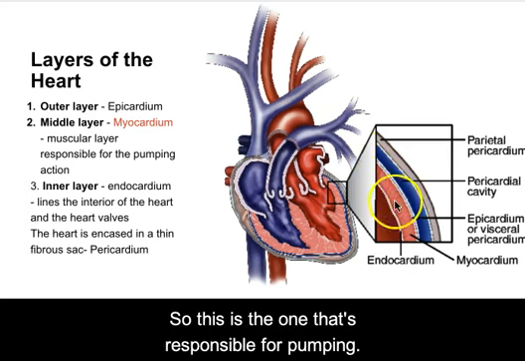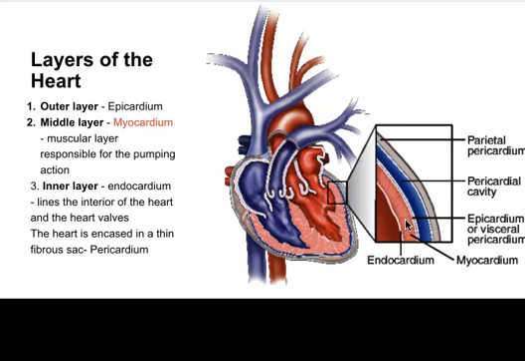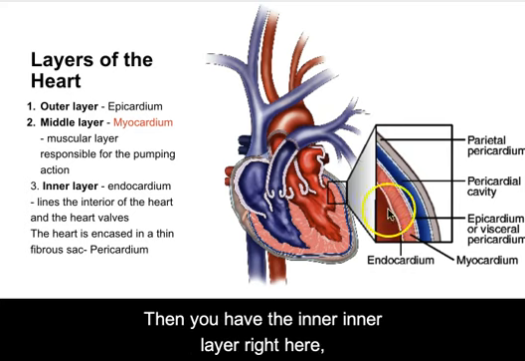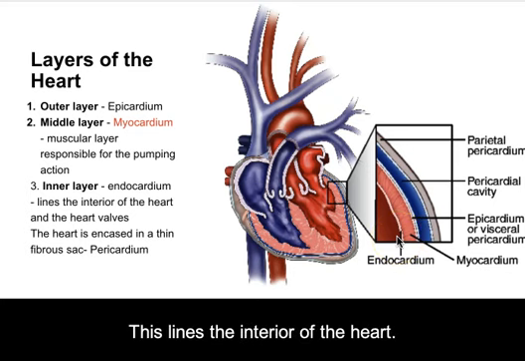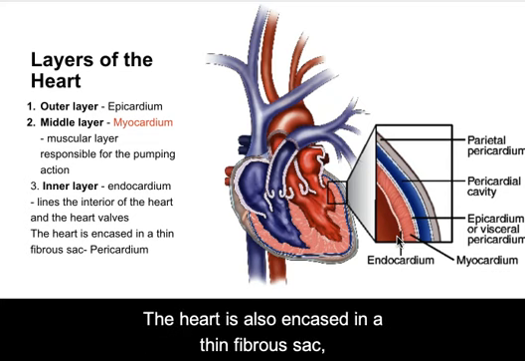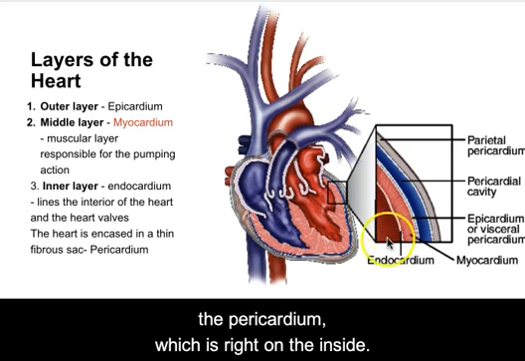Then you have the inner layer, this really thin one, the endocardium. This lines the interior of the heart, and the heart is also encased in a thin fibrous sac, the pericardium.